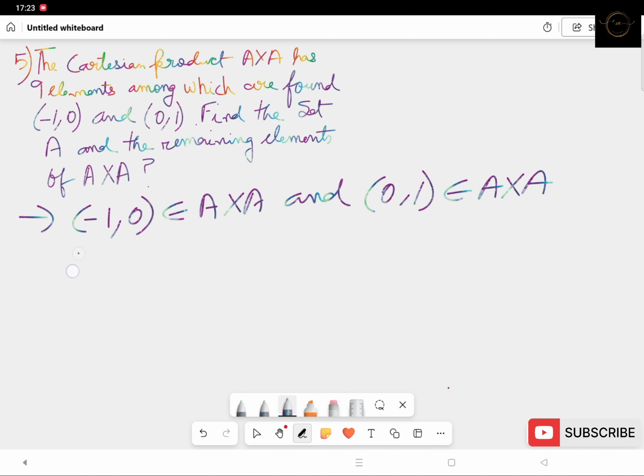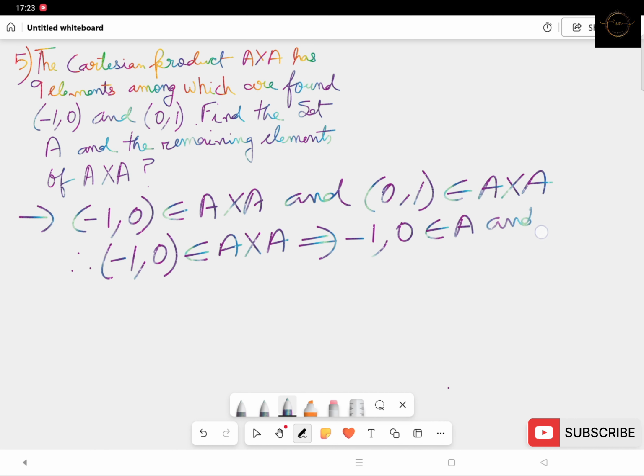So -1, 0 belongs to A into A, which implies what? Now look, -1, 0 belongs to A into A. That means A is such a set which will have -1 as an element and 0 as an element. So from here can't we write that -1, 0 belong to the set capital A?